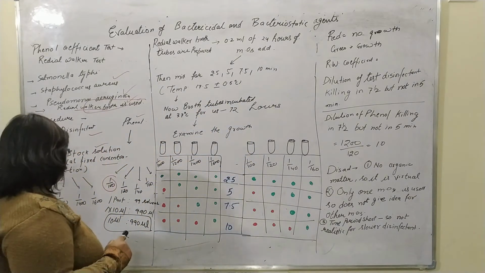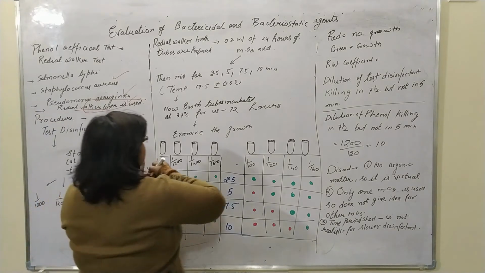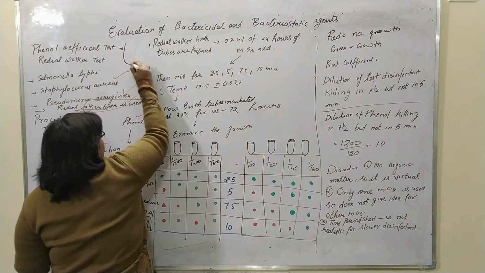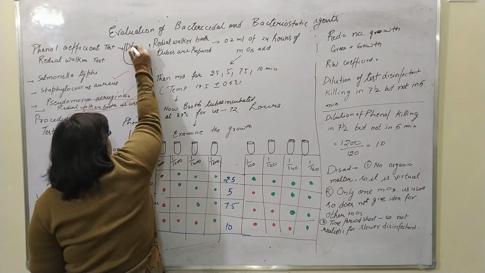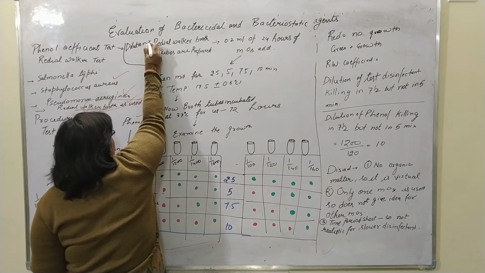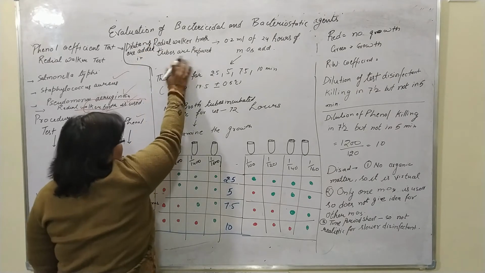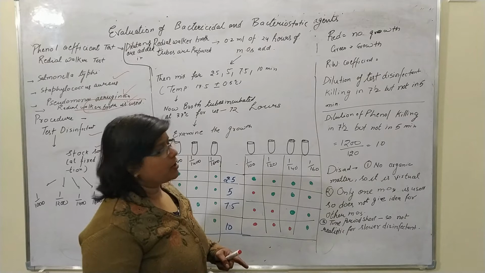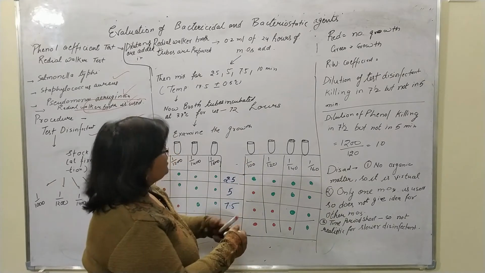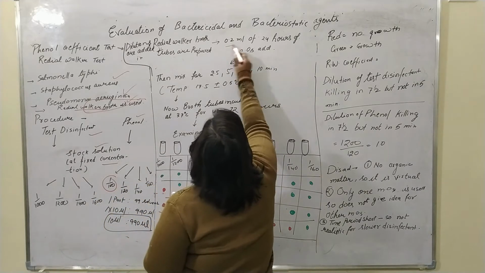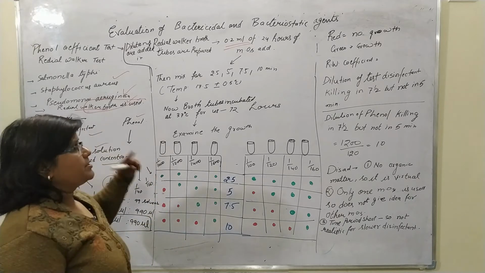The different dilutions are added to the Rideal-Walker broth tubes. Then 0.2 ml of the 24-hour culture of microorganisms is added. Any 24-hour culture of a microorganism can be used.